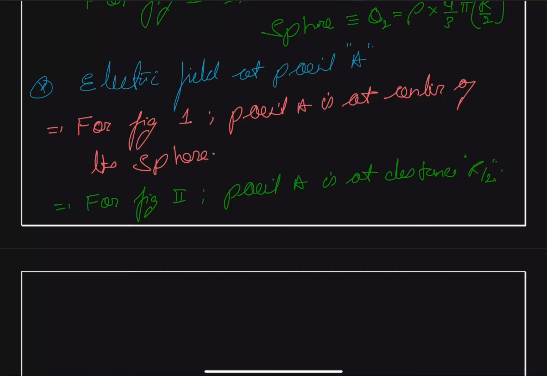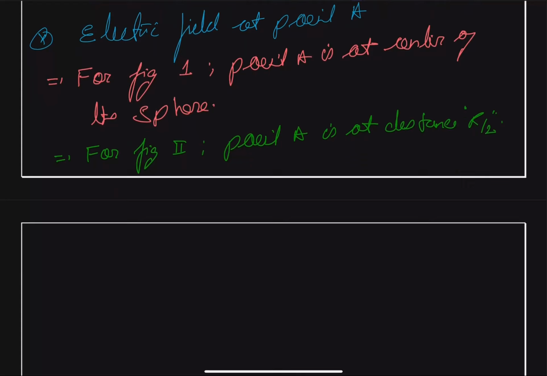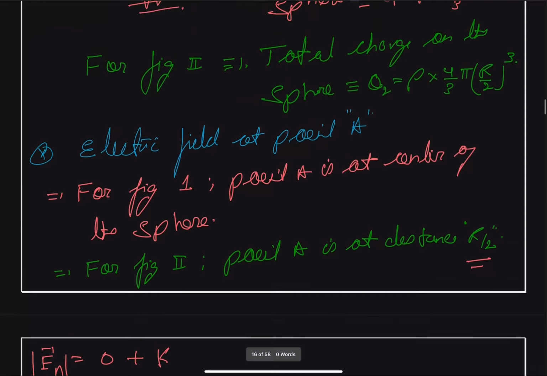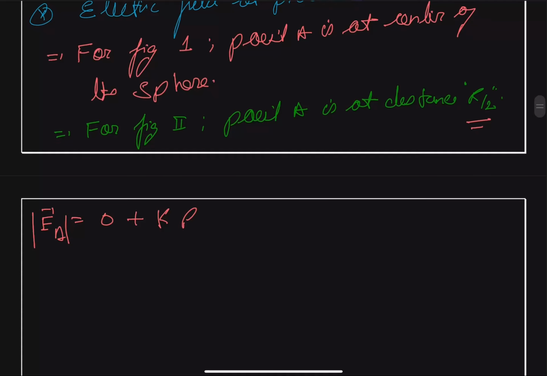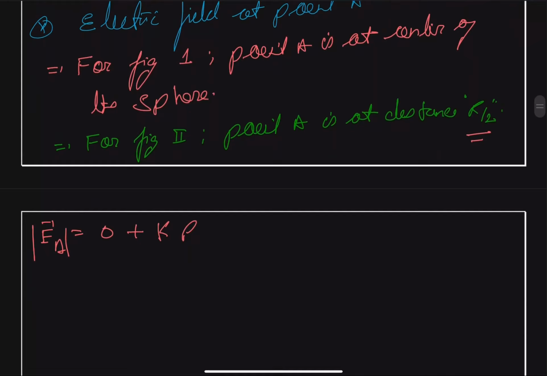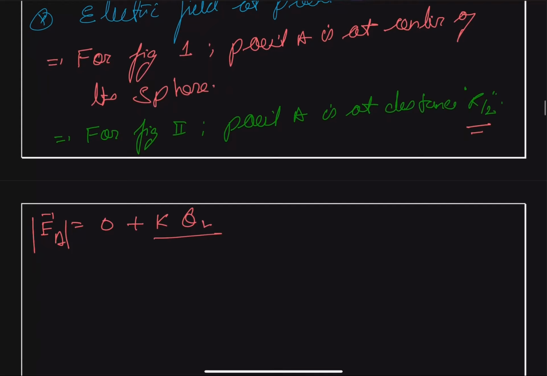Therefore, we can write our electric field EA. We are only interested in magnitude. Because point A is at the center, we get 0 for figure 1, plus the electric field at a distance of r by 2 for figure 2, which will be equal to plus K Q2 divided by distance r by 2 whole square.